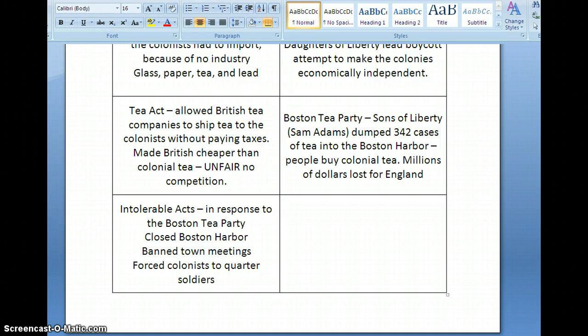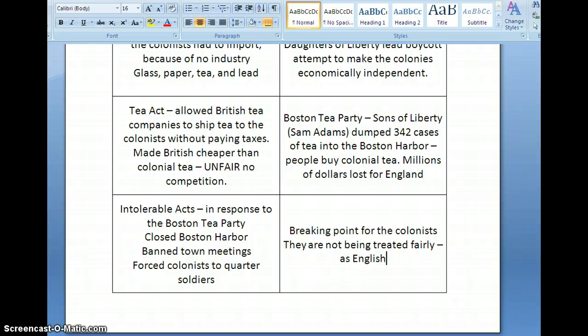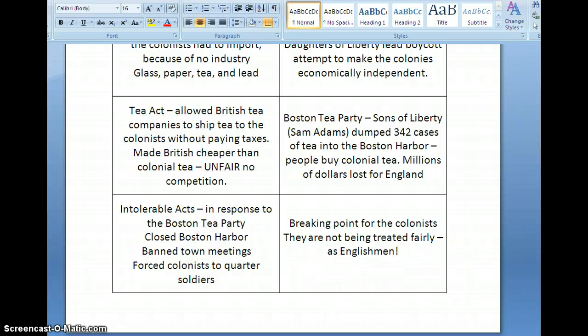The colonial response to that was the breaking point for the colonists. They are not being treated fairly, and they are not being treated as Englishmen.